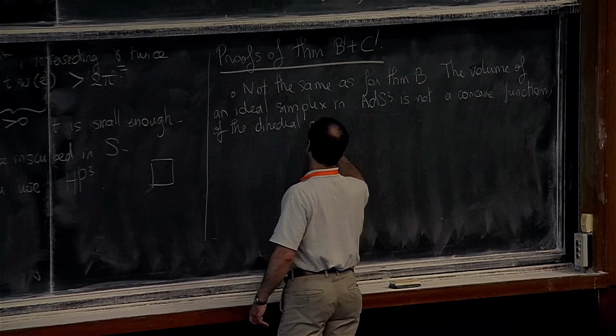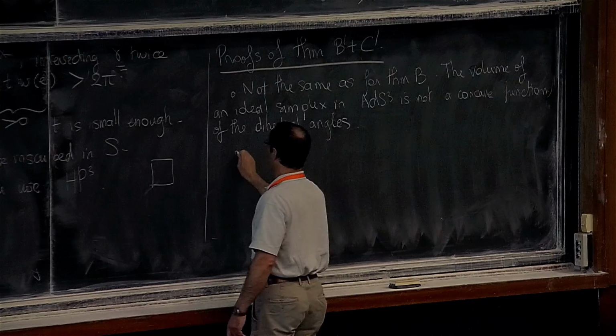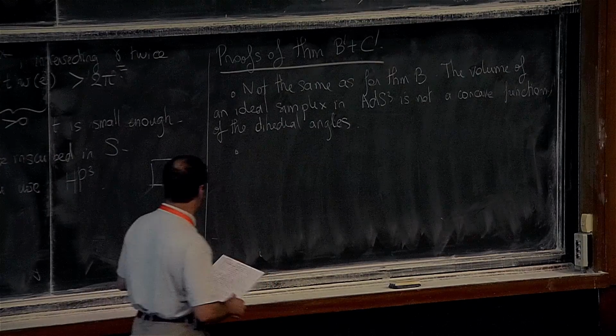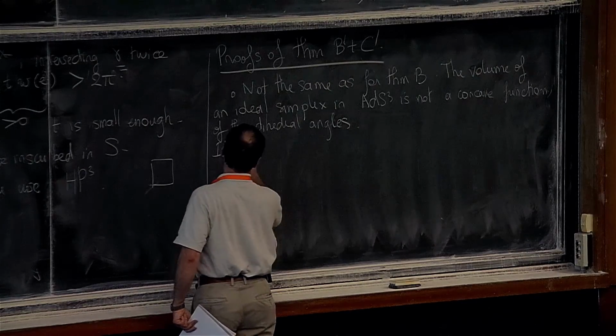And this means we have to use completely different arguments. So what do we use? Basically, we're going to have several inputs. So the key inputs are the following.